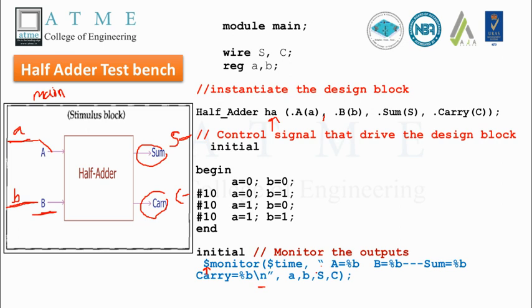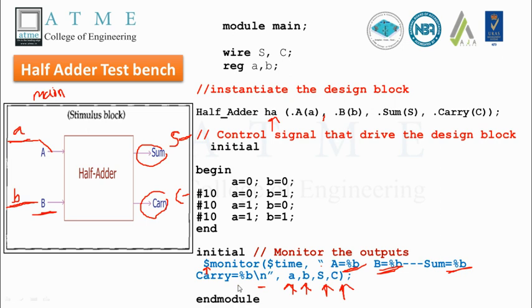After closing the printable statement, the corresponding variables must be listed: a comma b comma s comma c, where a corresponds to the first binary value, which is written as a equals, whereas the value of the b signal will be located in this position, the value of the signal s in the next position, and the value of the signal c in the carry position.